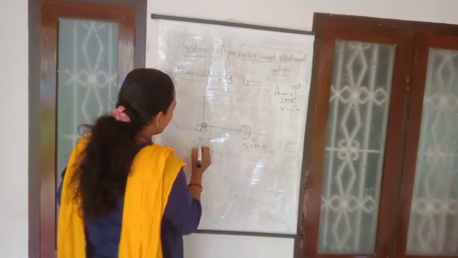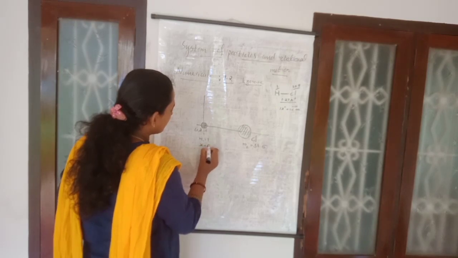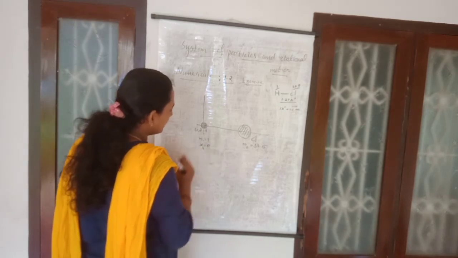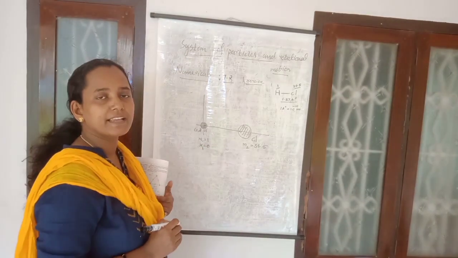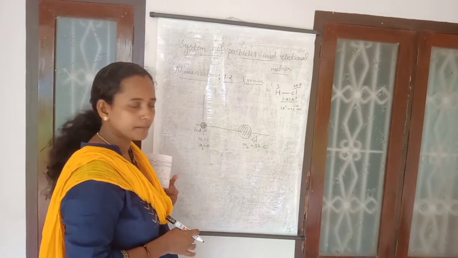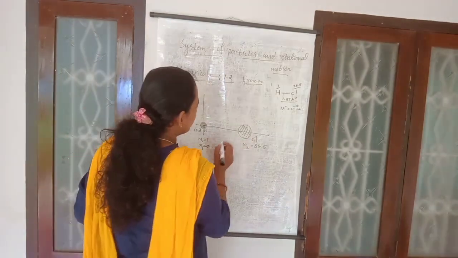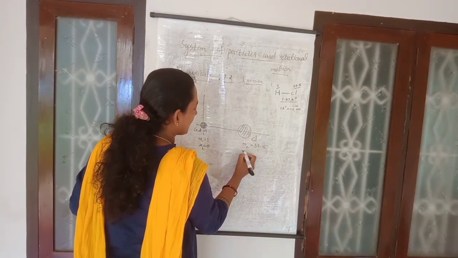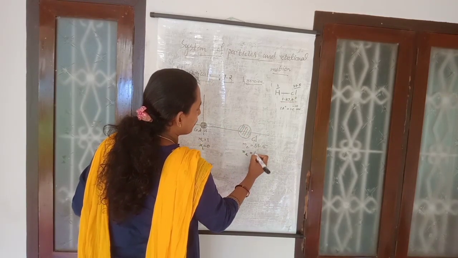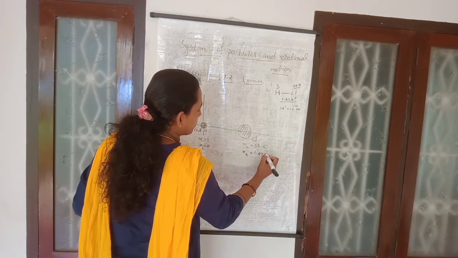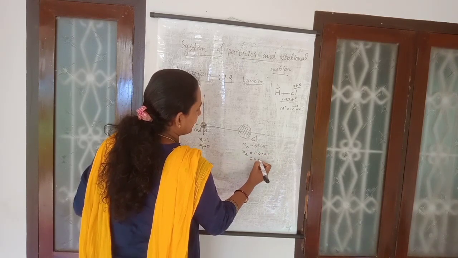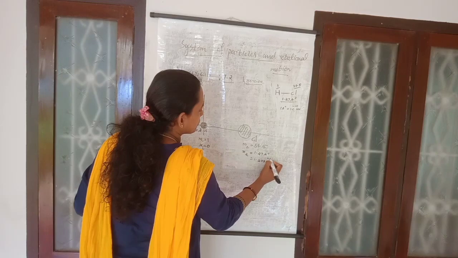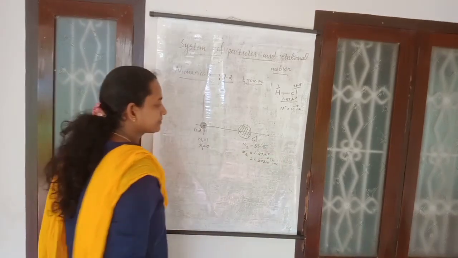And here the x coordinate of the hydrogen, x1, is 0 because we assume it is placed at the origin. And the chlorine atom is placed 1.27 angstrom away from the hydrogen atom, so x2 is equal to 1.27 angstrom, that means 1.27 into 10 raised to minus 10 meter.